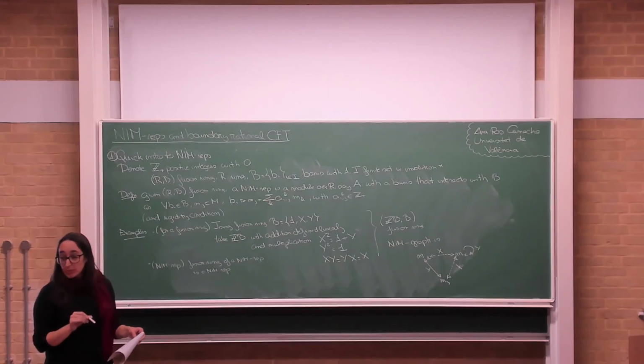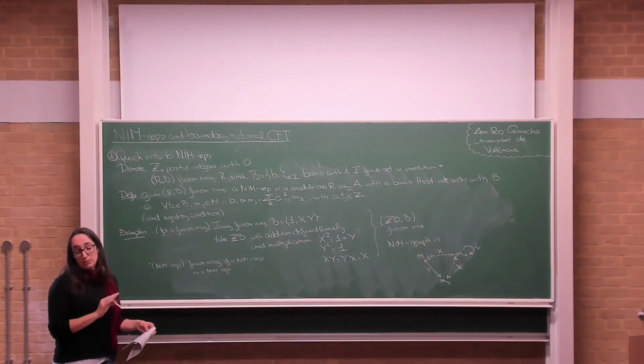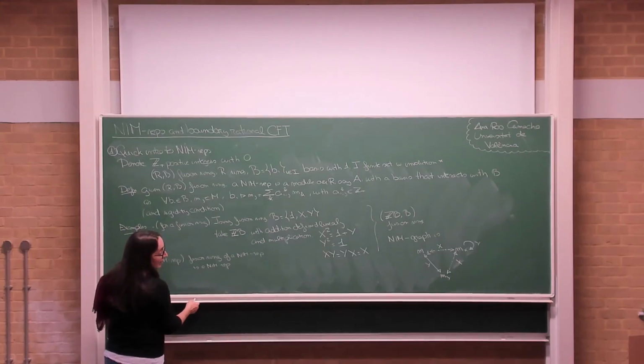And actually using these NIM graphs is really, really practical to see the reducibility of the NIM-reps, because if you have a connected NIM graph, then you know that this NIM-rep is going to be reducible. Let me just write that down for you.